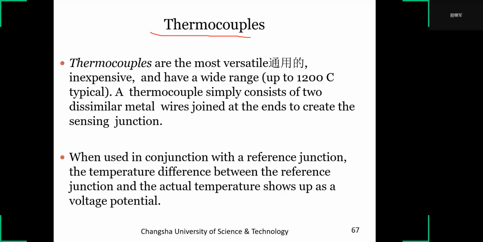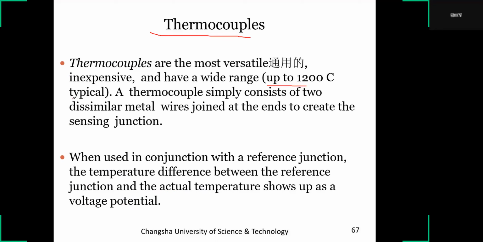Thermocouples are the most versatile and inexpensive, and have a wide range, up to 1,200 centigrade.